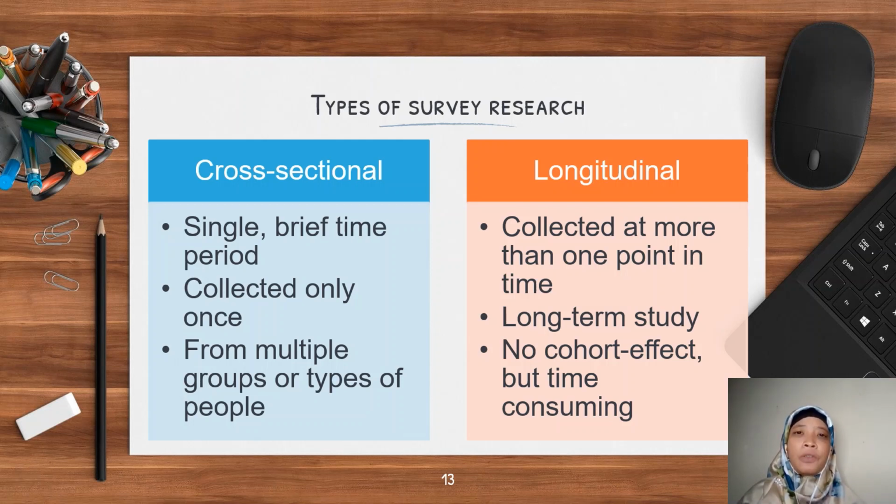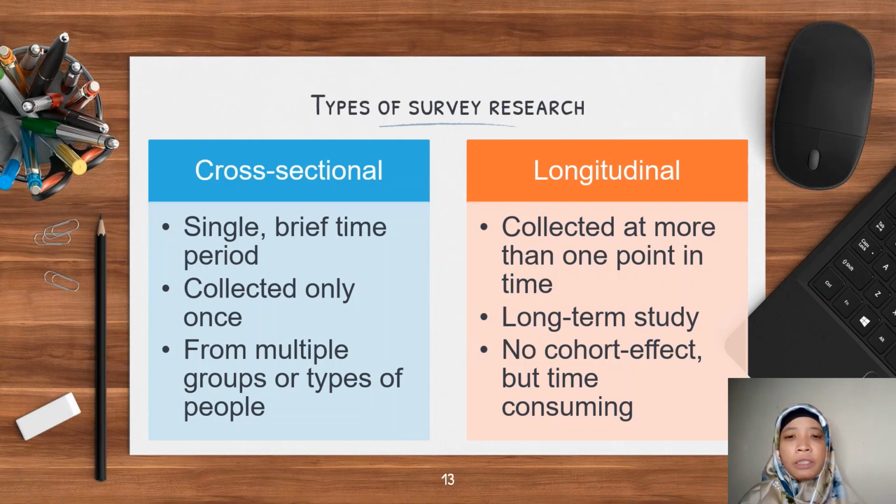At the same time, you're also collecting data from someone in middle school or secondary school, and then high school, and then college, and then master's students, something like that. Or you're collecting data from different lifespan stages, from a child to adolescence to young adult, and so on.